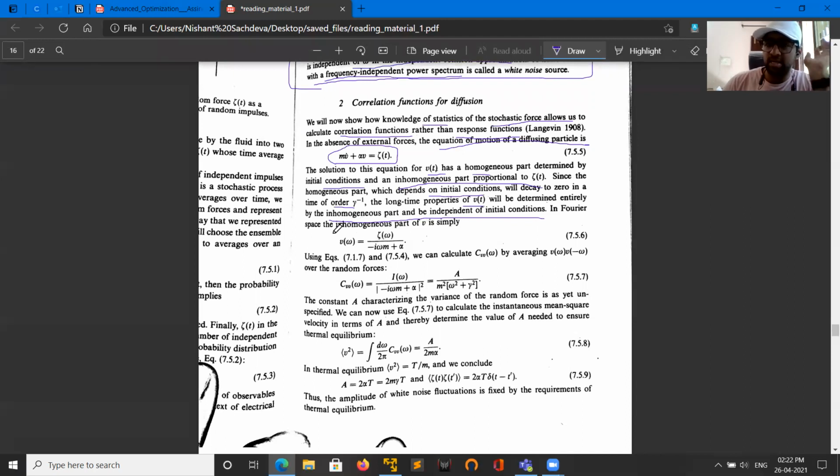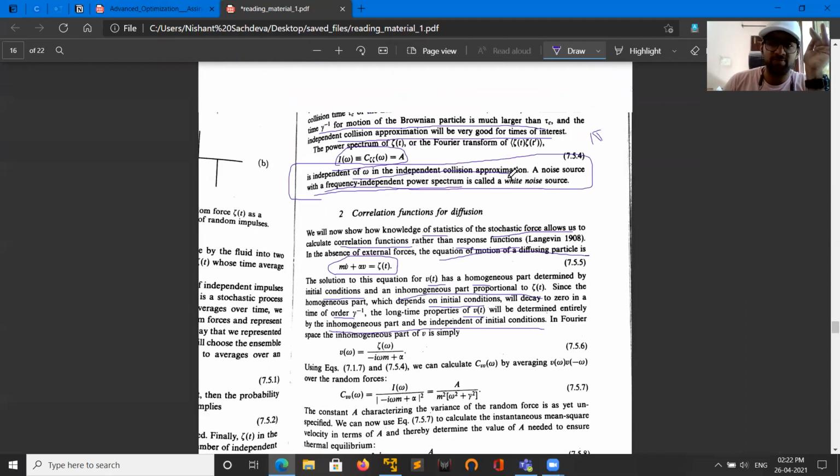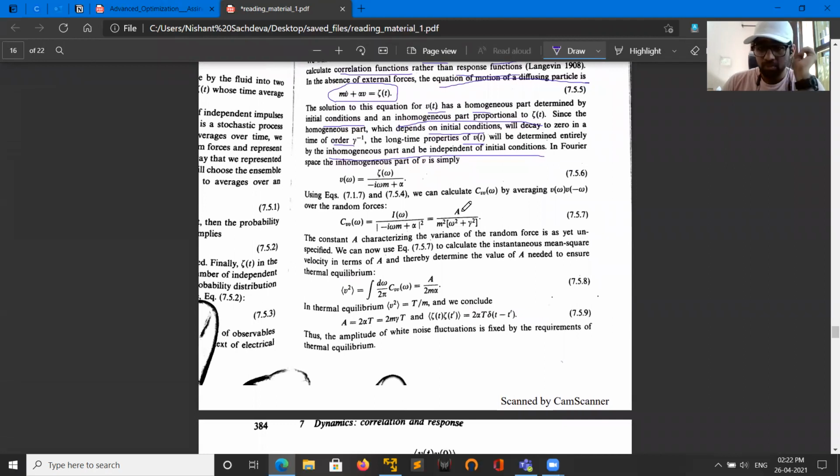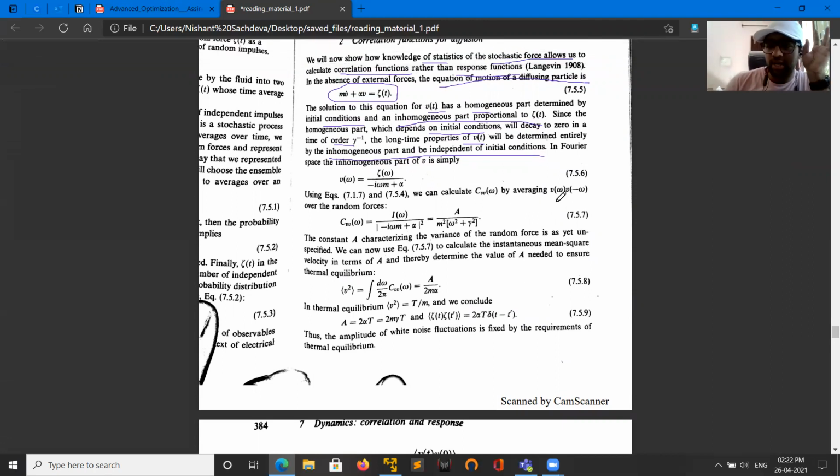In Fourier space, the inhomogeneous part of v is simply v of omega equals tau of omega divided by minus iota omega m plus alpha. Now we use equation 7.1.7, which we did long before, and 7.5.4, which is over here, and we calculate CVV of omega. We did a correlation function right in the starting, so remember that, by averaging v of omega into v of minus omega over the random forces.